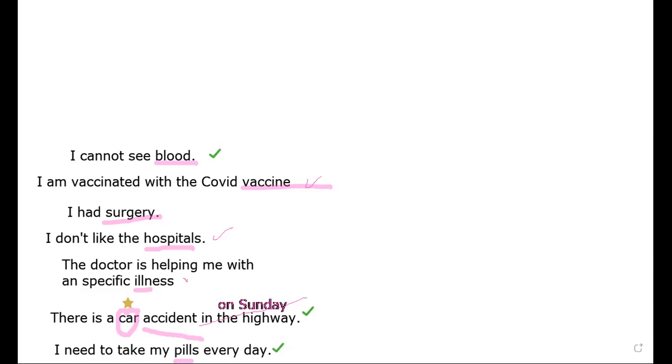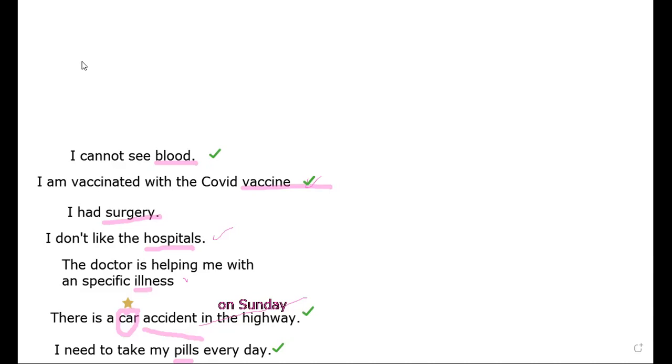And so we have vaccine. Carlos, we are creating sentences. Would you like to create a sentence with surgery or hospital or illness? I don't know the meaning of surgery. Let me show you. That's the idea of this class, that you learn new vocabulary.